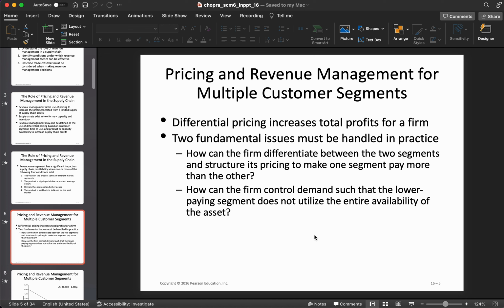In which case, even if there is capacity available, sometimes Xfinity will throttle the speed of customers who have paid less because they want the capacity to be available in case the higher paying customers have needs that suddenly need to be met, right? So they don't want the whole availability to be used up by lower paying customers. So these are two fundamental issues that need to be handled in practice.